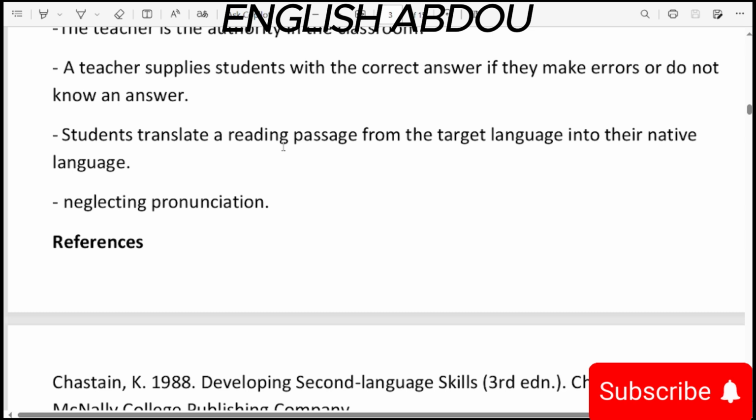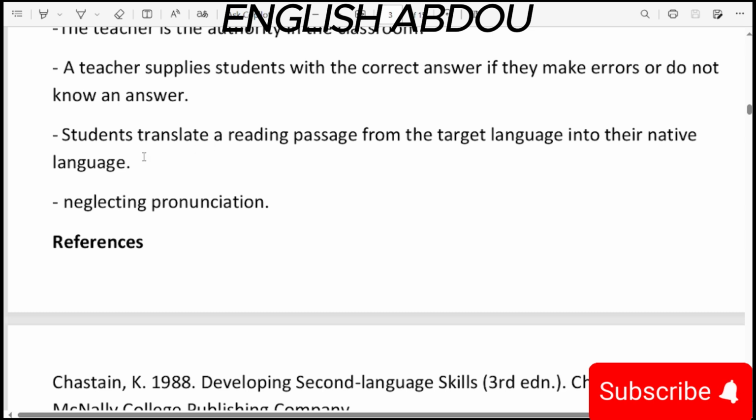As we have seen, if you still remember, in behaviorism in second language learning, errors and mistakes, and the difference between errors and mistakes: we said that an error is a lack of information or knowledge, while a mistake is a lack of attention, and so on and so forth. Okay, all this we have seen with behaviorism, if you still remember.